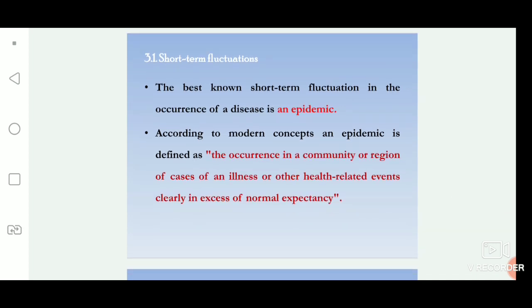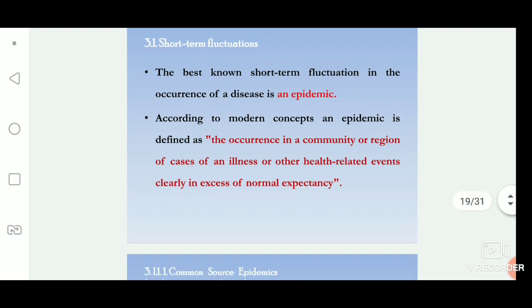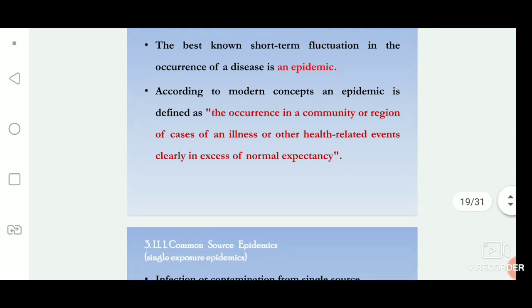But if it is going to happen more than lakhs immediately, or some more large population is suffering from that particular thing within a short span of time, and where many people are suffering, it is not something which we can expect. So epidemic is the occurrence in a community or region of cases of an illness or other health related events clearly in excess of normal expectancy.